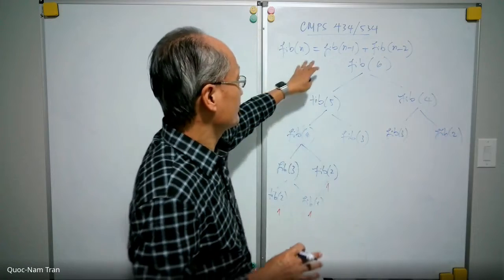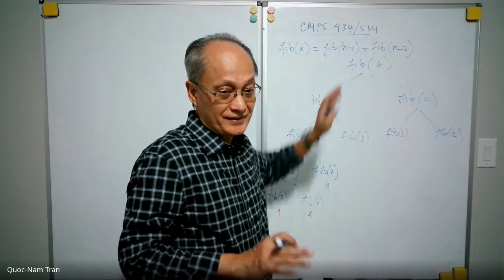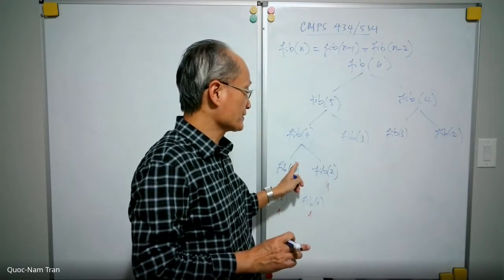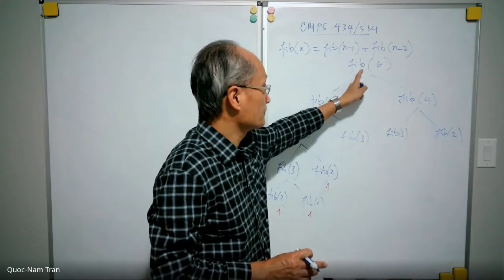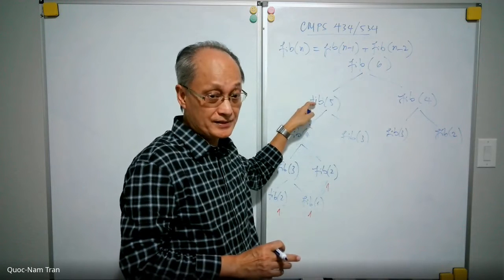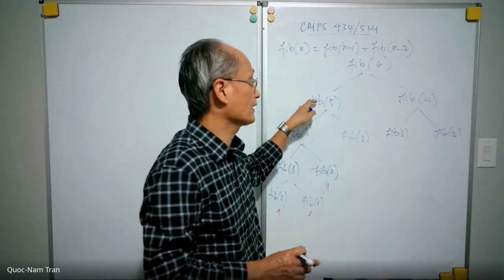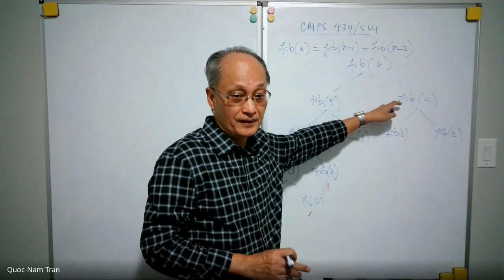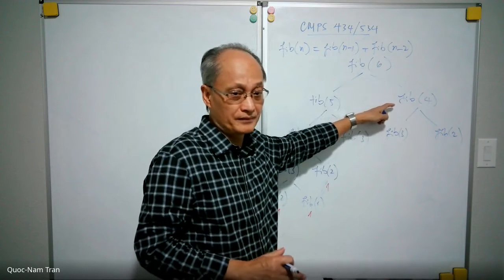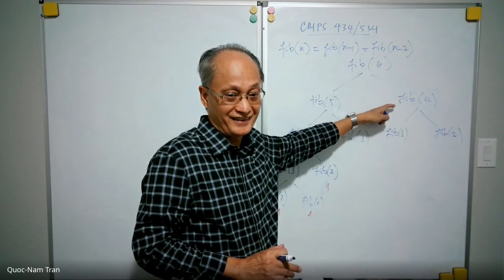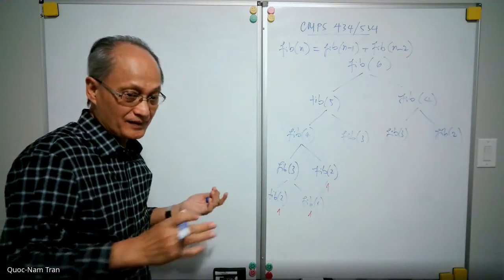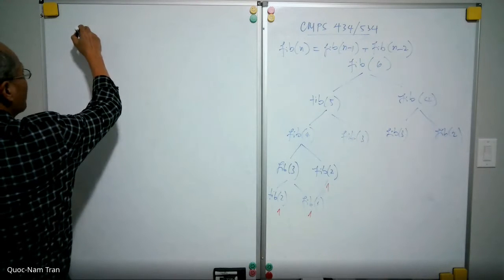If we have the recursive algorithm, there's no way to avoid the repeated calculation because, for example, for fib of 6, we will call the Fibonacci number with 5 and then call Fibonacci number of 4, right? Meaning, if we have a recursive algorithm, there's no way to avoid it.